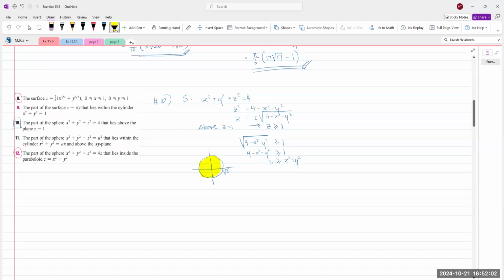So in 3D, you imagine you have a sphere with radius 2, and then you cut it at z equals 1. Now rotate this. When you rotate this, you will see a disk.